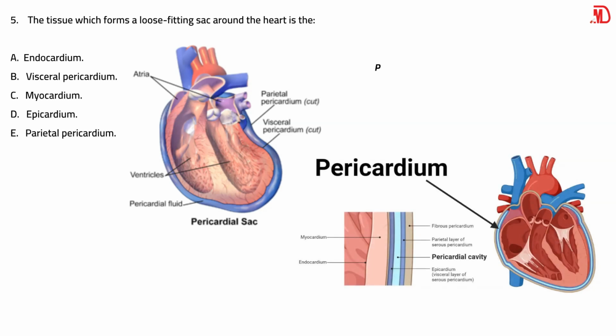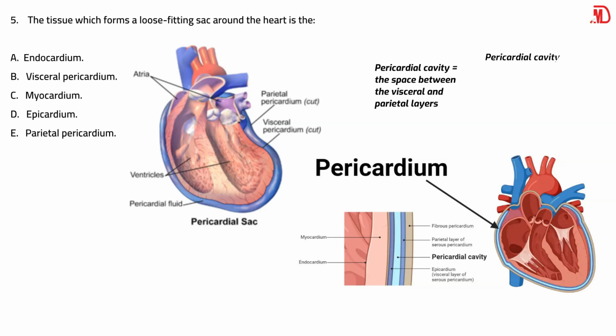The pericardial cavity is a potential space between the visceral and parietal pericardial layers. So normally we say the pericardium consists of the visceral and parietal layers, and in between it is the cavity.